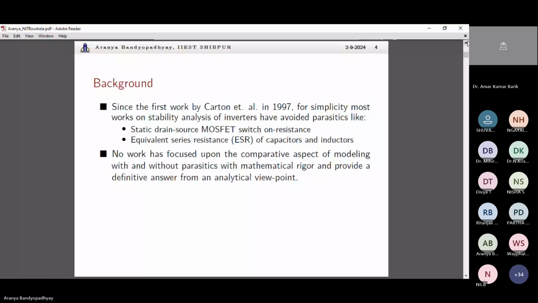That is the question. Because it has been seen from time to time that whenever there is a discrepancy between the analytical result and the experimental result, between the predicted result and the practical result, it has been an established practice till now to blame it all upon parasitics. And it is justified to some extent. Why?